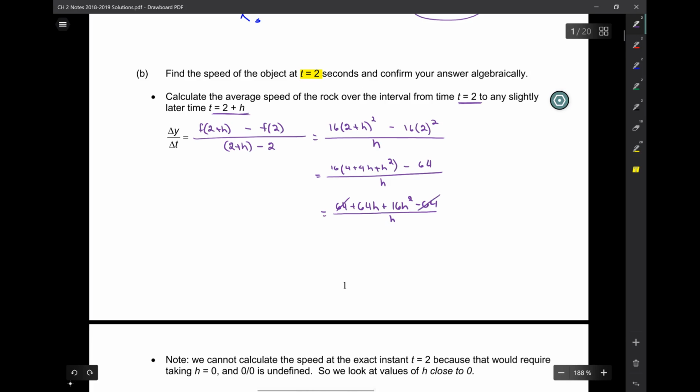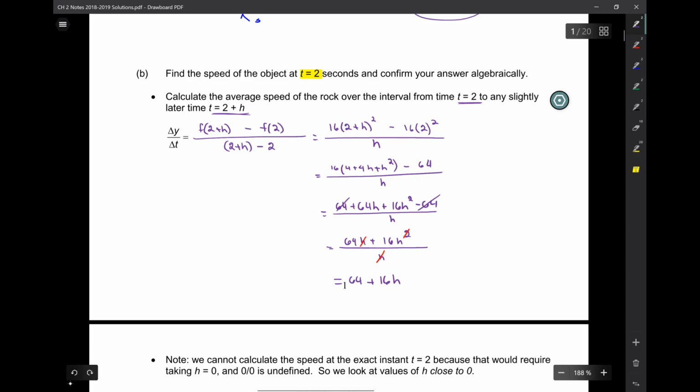The 64s will go away. So I have 64h plus 16h squared over h. What can I do now? Cancel out one h from everywhere. So I've got 64 plus 16h.